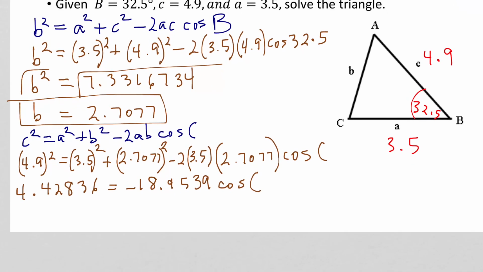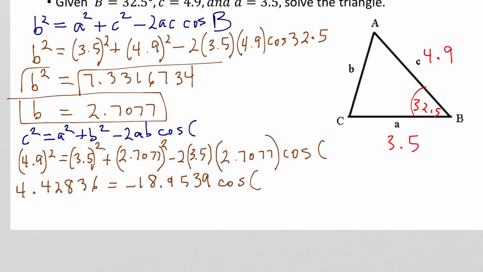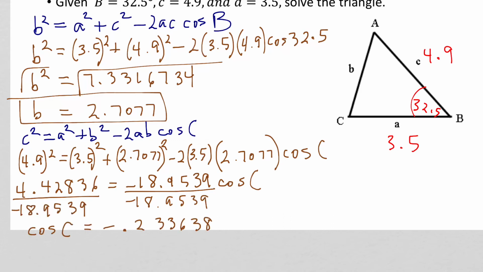So now I'm going to divide both sides by the coefficient negative 18.9539. That cancels, and I typed in this over here, and I got negative 0.233638.